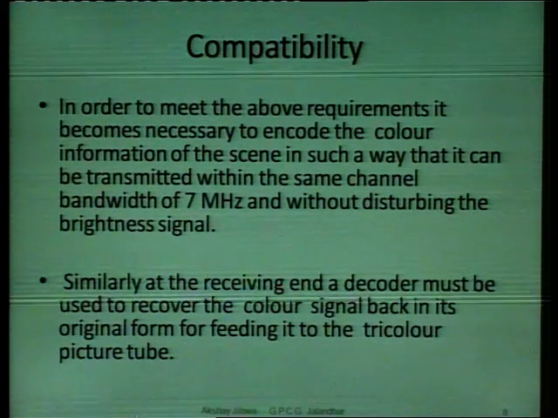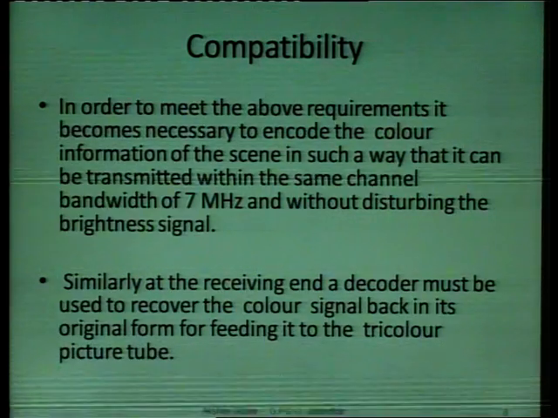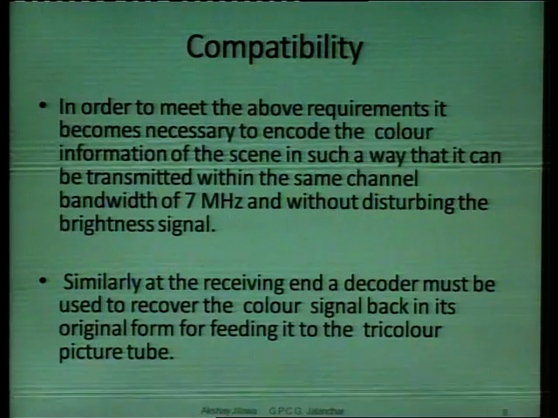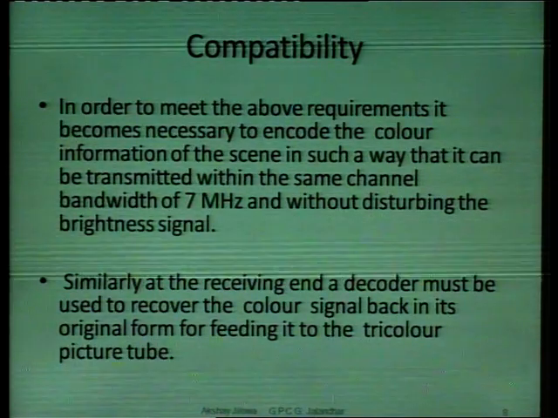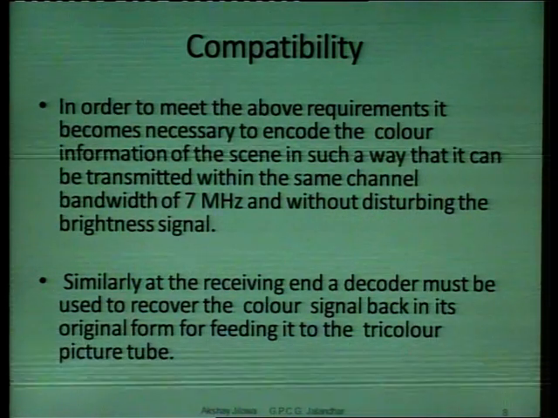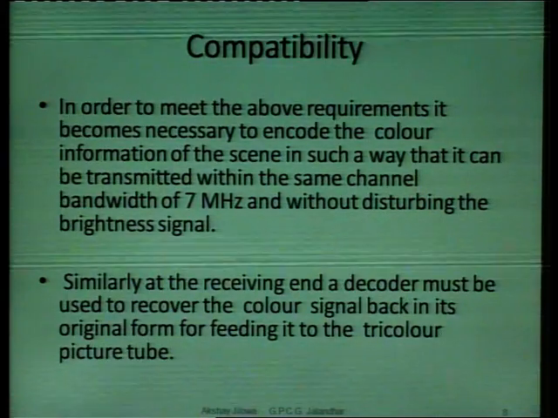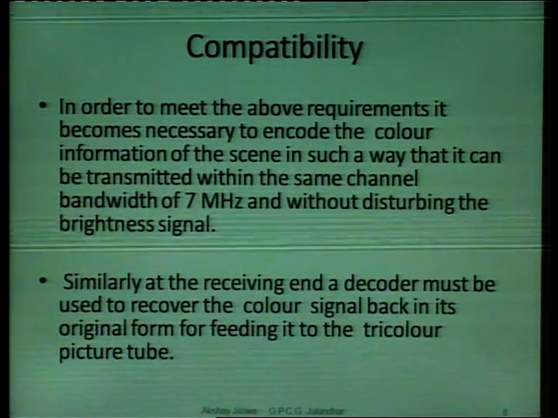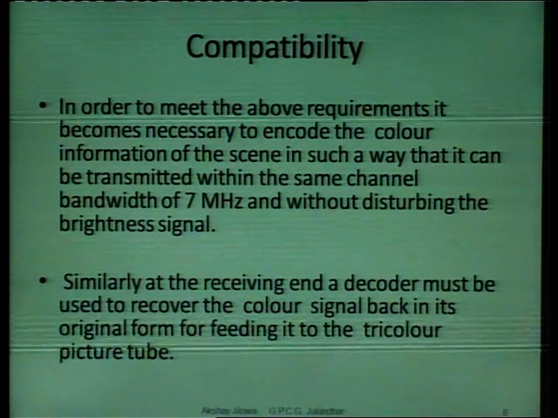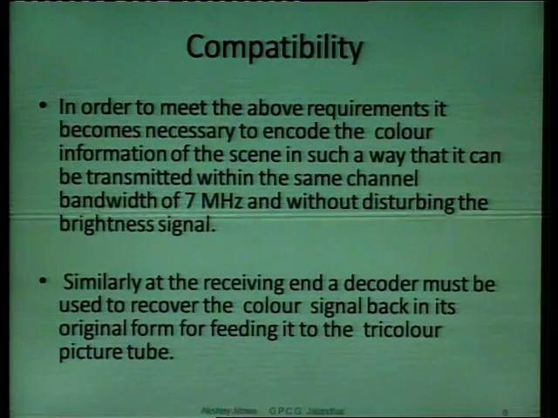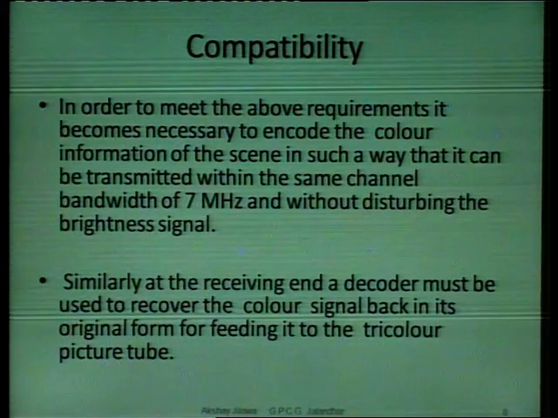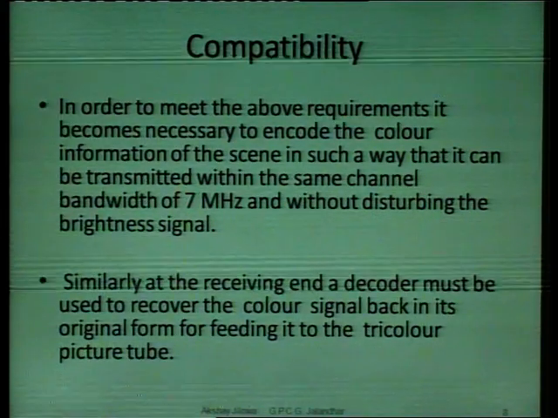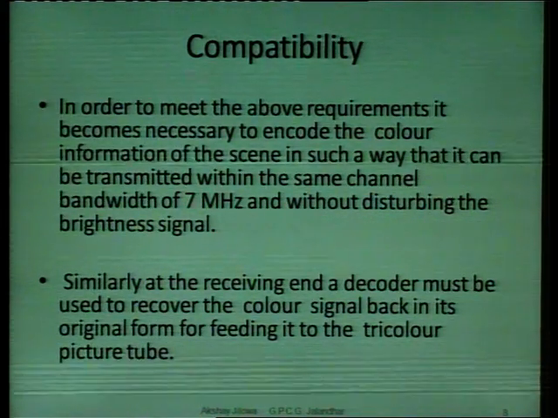Similarly, at the receiving end, a decoder must be used to recover the color signal back in its original form for feeding it to the tricolor picture tube. What we have in color TV is a tricolor picture tube. So at the receiving end, that is in the receiver, we should have a decoder, and the decoder should be capable of decoding the color signal.